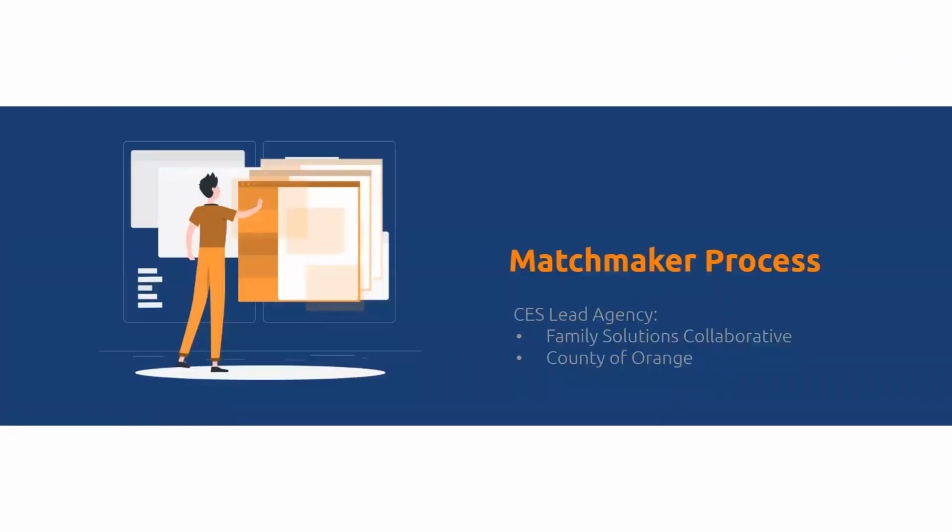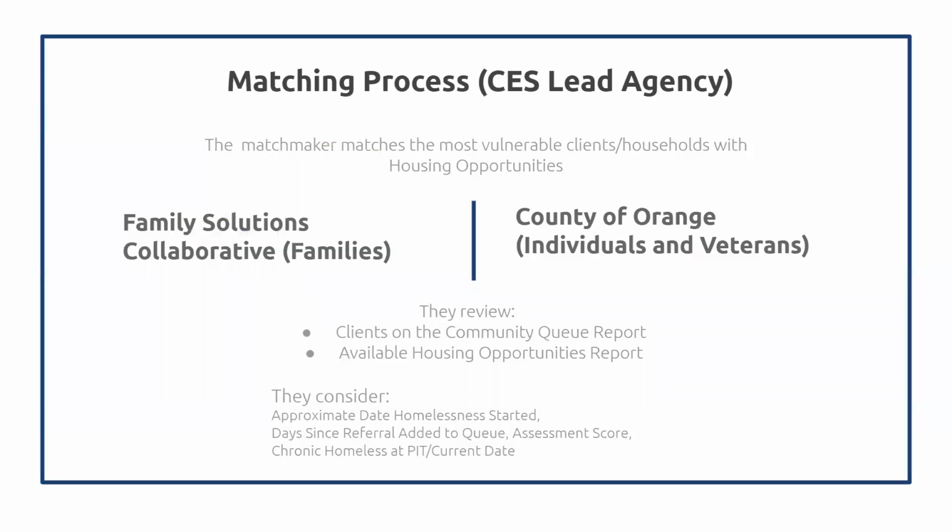Okay, so now let's move on to the matching process in HMIS. As I mentioned before, the matchmakers for our coordinated entry system are the Family Solutions Collaborative for families and the County of Orange for individuals. The matchmakers connect the clients that are referred to the community queue with the housing opportunities that the housing agencies have.